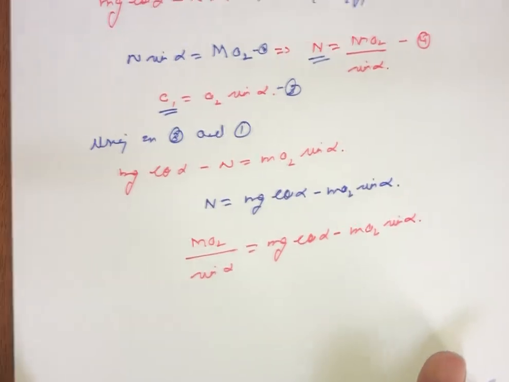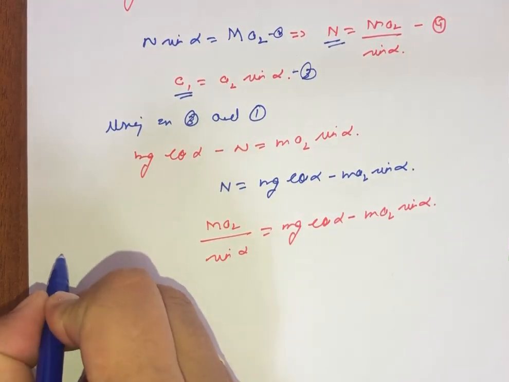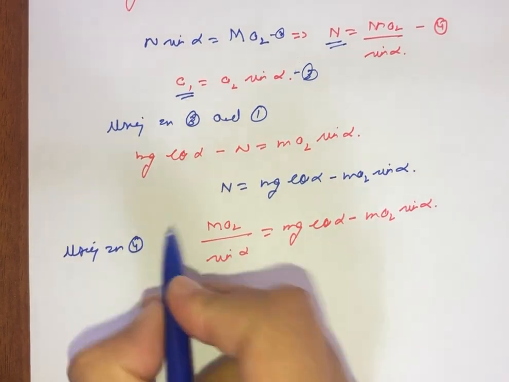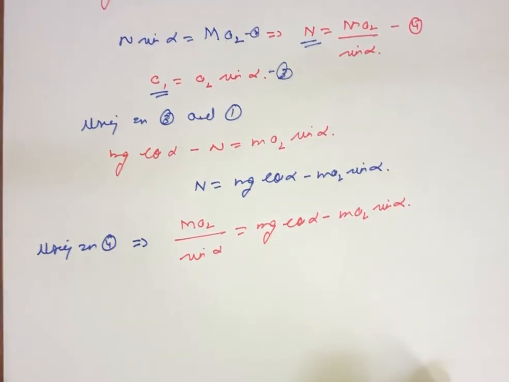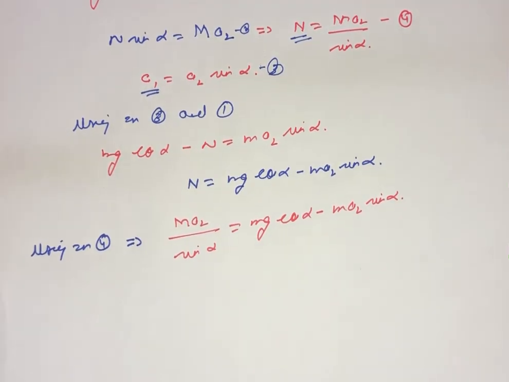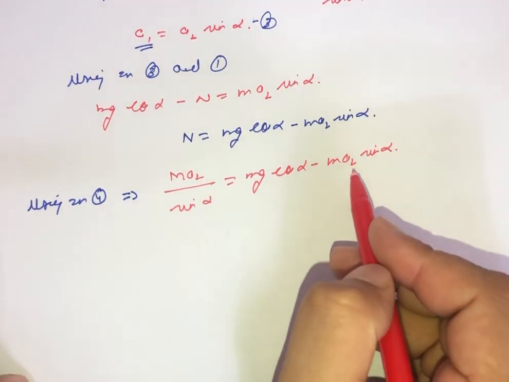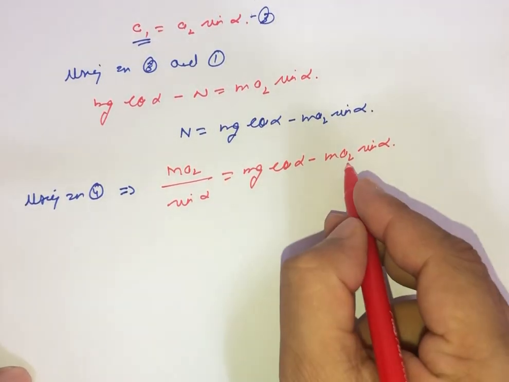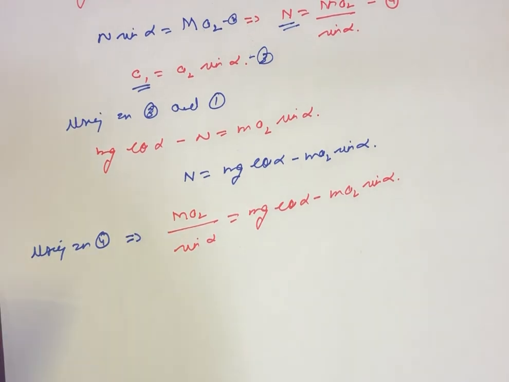Now taking A2 altogether on one side, we can take it directly as common.